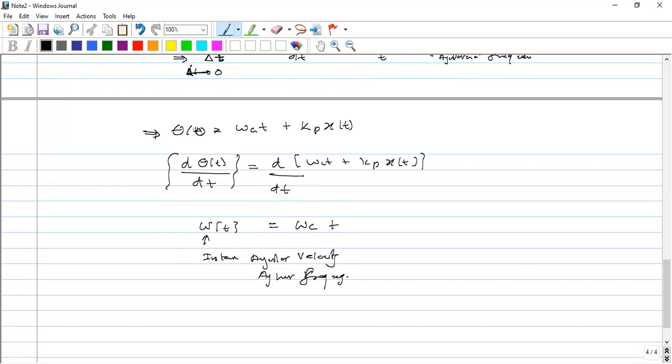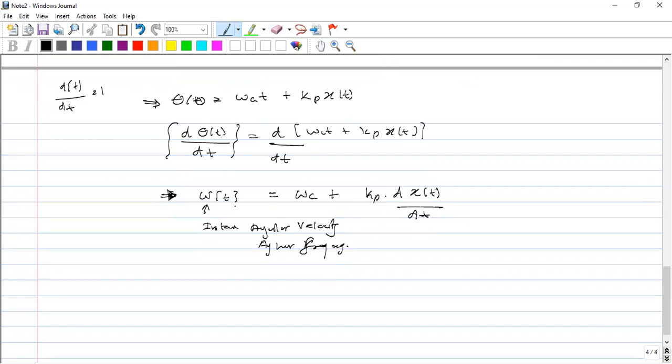The differentiation of t is equal to 1, so you have this constant only, omega_c, and here you have k_p times the derivative of x(t), dx(t)/dt. So what is this? This is the angular frequency at some instant, so we can say that this is the instantaneous angular frequency.